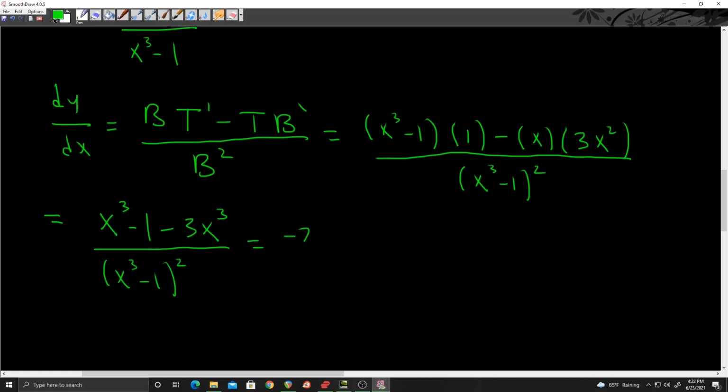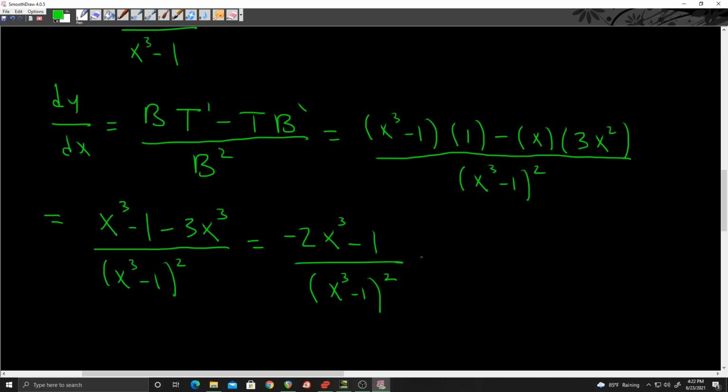This is going to be negative 2x cubed minus 1 over x cubed minus 1 whole thing squared. There's our derivative. And it appears, just by looking, that we're going to have a solution in the top and in the bottom.